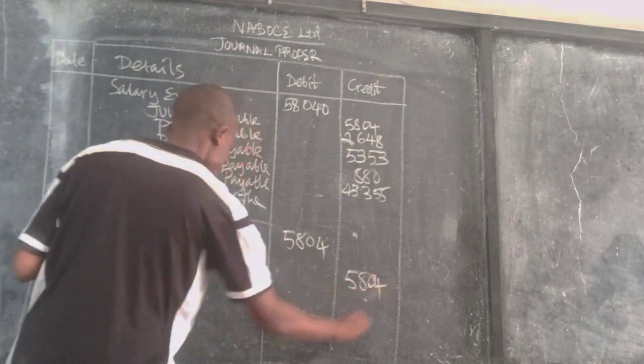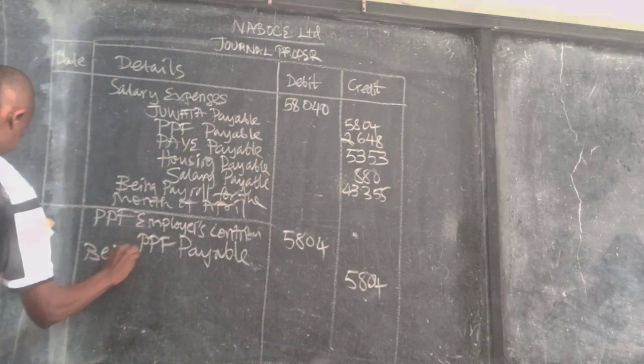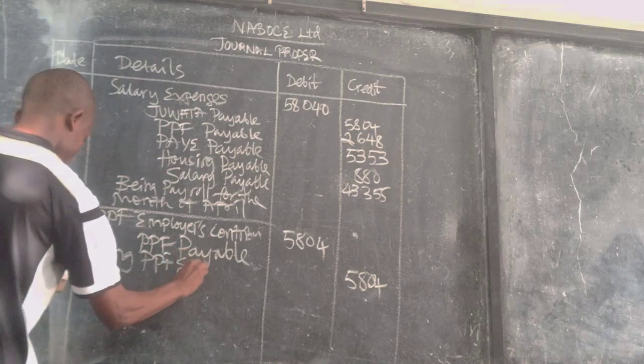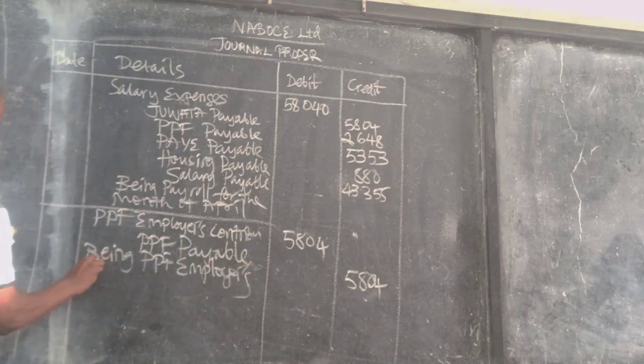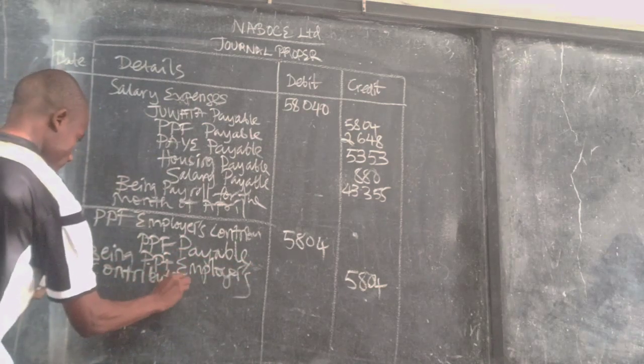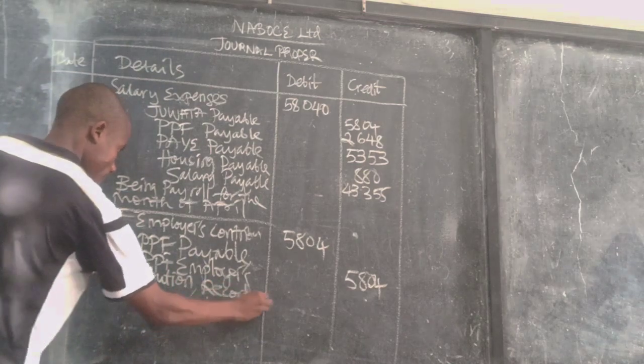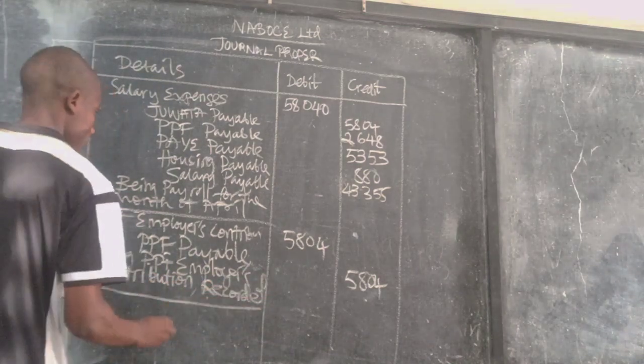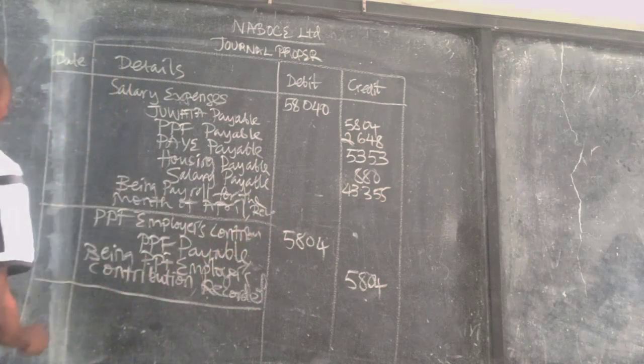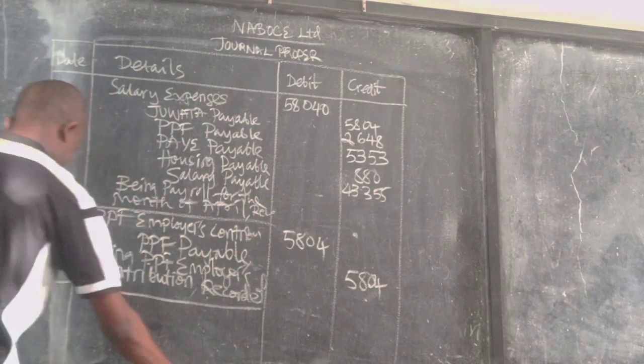Then credit PPF payable 5,804. You will narrate by saying being PPF employer's contribution for the month of April. So basically what you enter is the total amount of all employees and all employers' contribution.